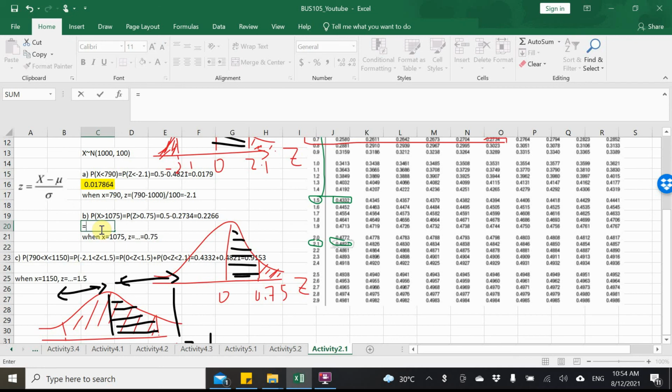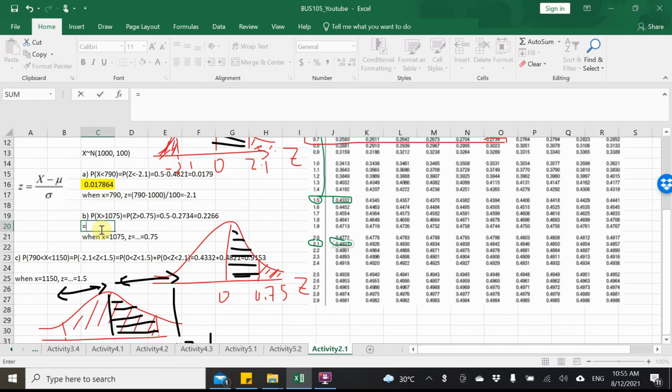Then for part B, again, we can use this Excel function, but we need to be careful. The Excel function actually gives us the probability for the x value from negative infinity to the x value. So it's all the left tail. And for part B, if you look at the table, we actually want to find the right tail area. So what is the relationship between left tail and right tail?